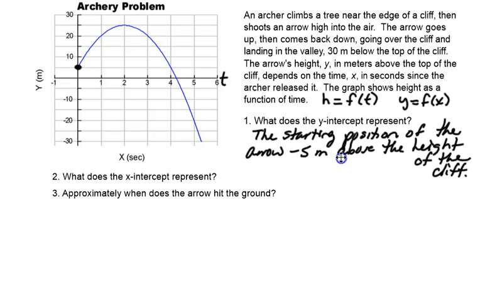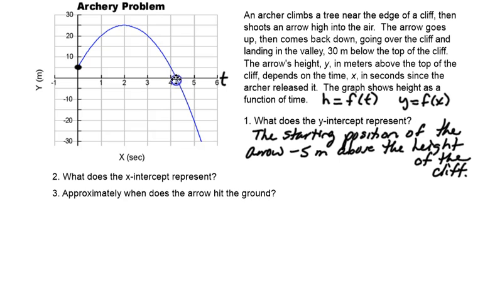Okay, now what does the x-intercept represent? Well, the x-intercept is on the x-axis, which represents time. So this represents a particular time when something happens. Well, let's think about this. The arrow is going up in the air and coming down. The y-axis represents the height above the cliff. So the x-axis has to represent where the cliff is vertically.